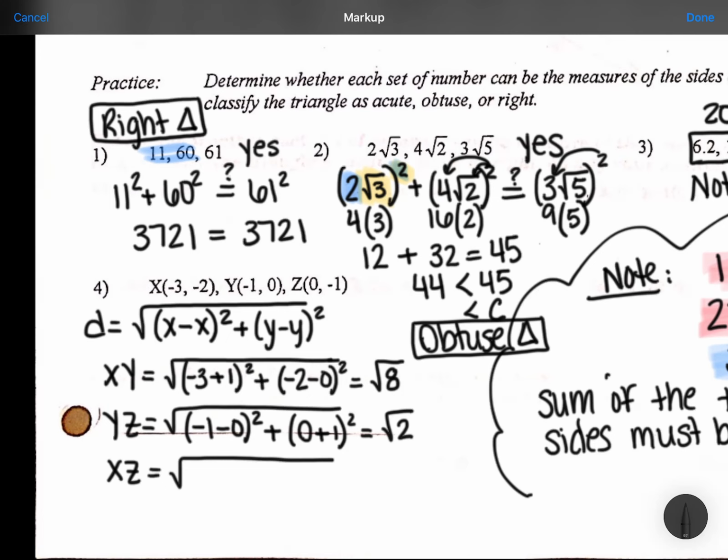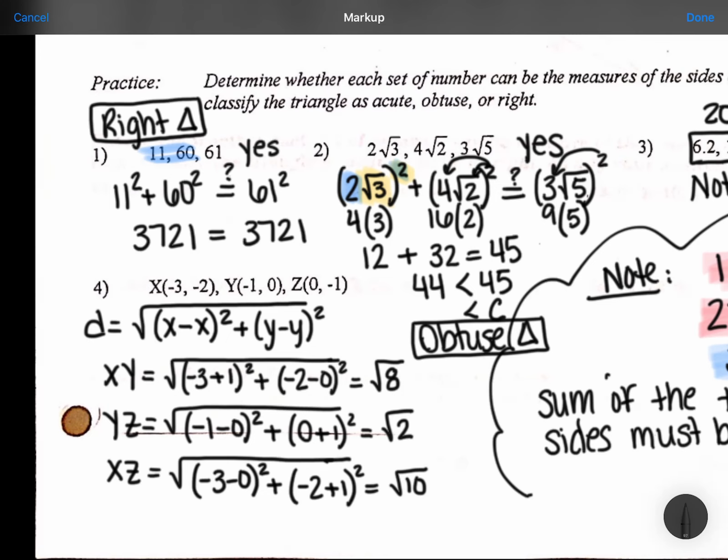And then xz is going to be -3 and 0. Don't forget your squared. -2 take away -1 becomes a +1. Don't forget your squared. So mental math, that gives me -3 squared is 9. And then I have a -1 squared is 1. 9 plus 1 is 10. You can always put that in your calculator to verify that that is true.